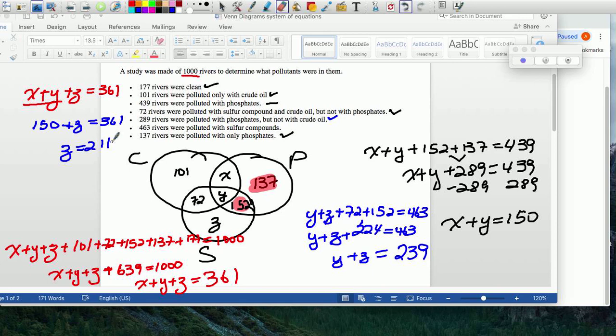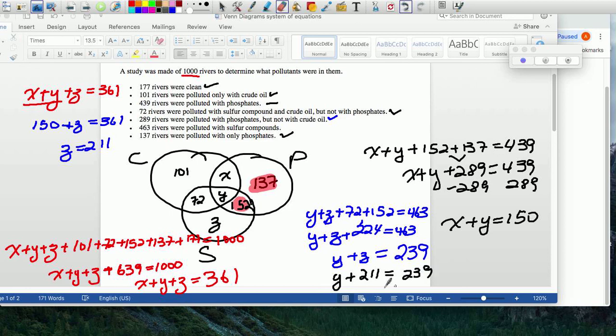Yeah? So if I know what z is, I can go back to any equation that has a z, and look, we have one right here. Right? I can replace this z with 211, so I have y plus the z that I just found out, 211, equals 239.